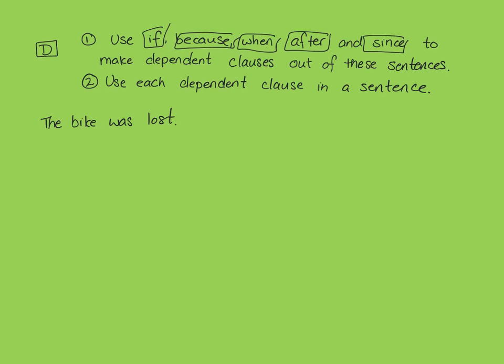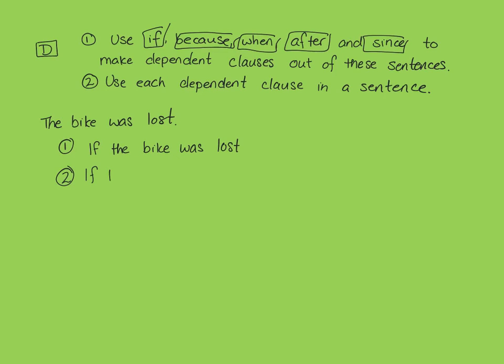So the first example they give you is the bike was lost. My first step is to turn this into a dependent clause using if, because, when, after, or since. I just went with the first conjunction they offered me, if the bike was lost. So now this is no longer a complete sentence. I need to turn this dependent clause into a complete sentence.